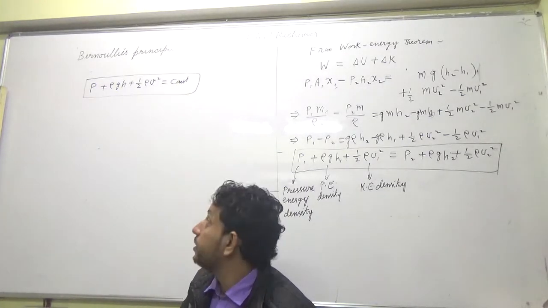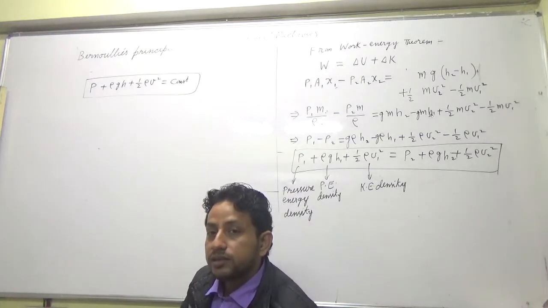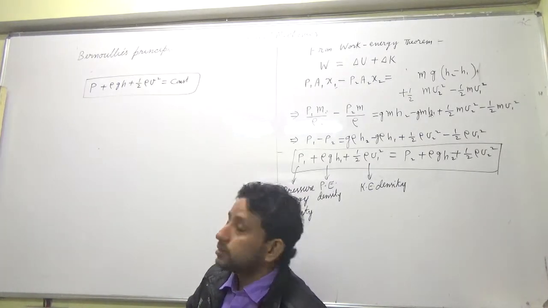So for static liquid, the V will be what? 0. So P plus rho gh.